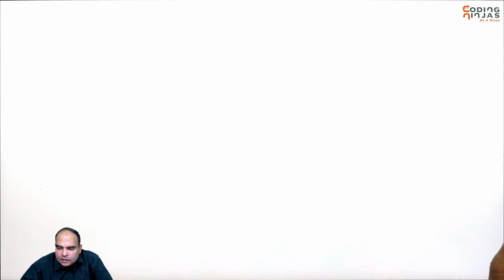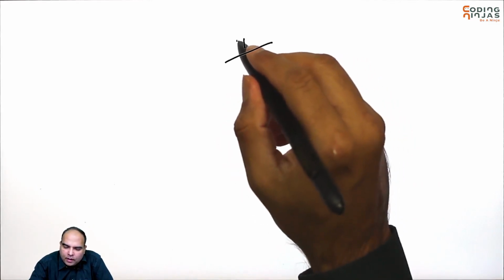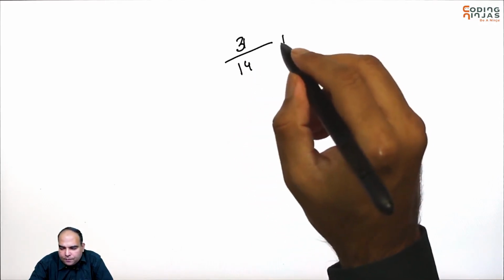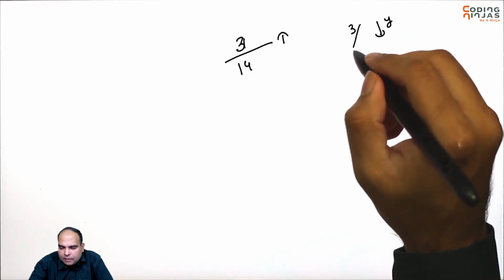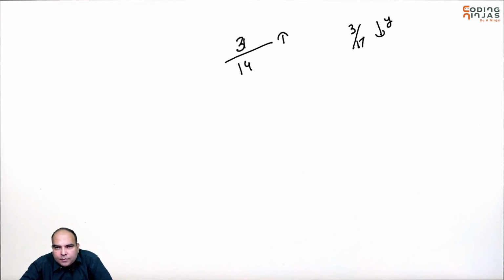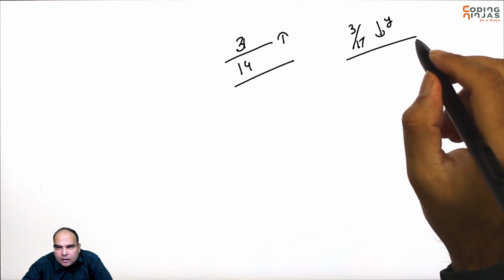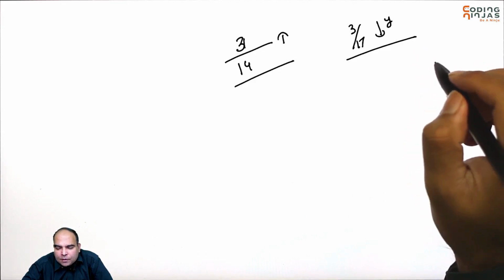And the best part of this is that this is not only 1 by a and 1 by a plus 1. If you are increasing x by 3 by 14, then y would decrease by 3 by 17. X increases by 3 by 14, y decreases by 3 by 17.